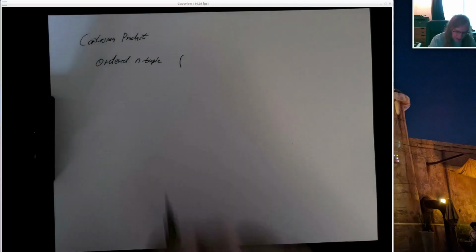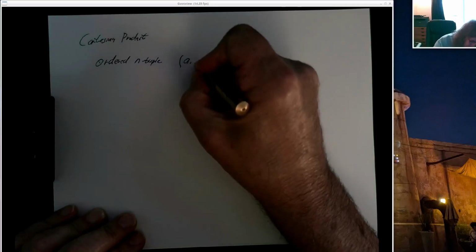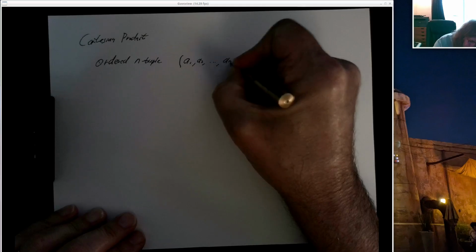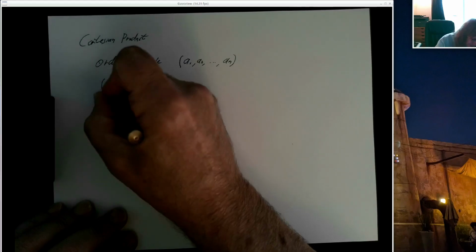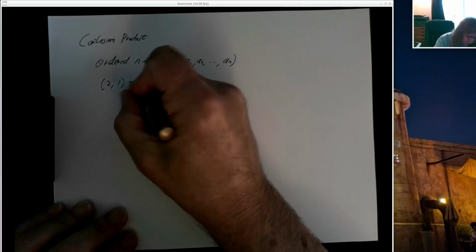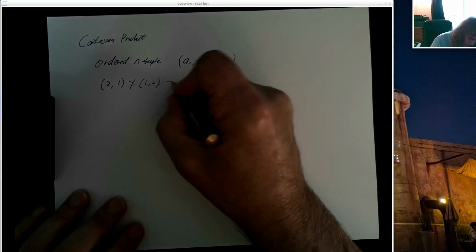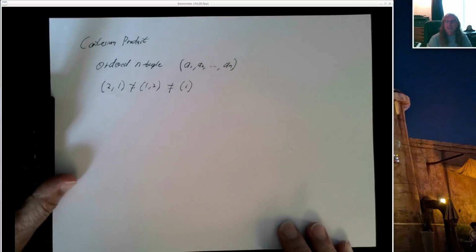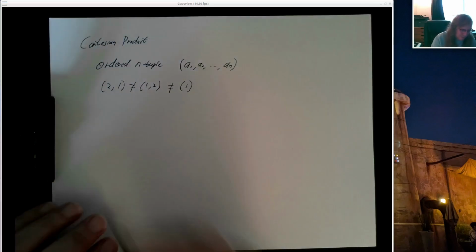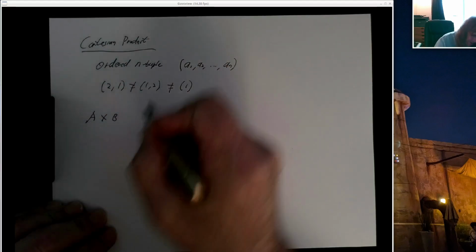And so we write an n-tuple in parentheses instead of curly brackets, and we might list the elements as, say, A1, A2, up to AN. And again, the order matters. So if I write the tuple 2, 1, this is a 2 tuple. This is not the same as the tuple 1, 2. And it's also not the same as, you know, a 1 tuple containing just a single element. So this is just an ordered collection of elements, and we call them tuples. So here's what a Cartesian product is, and we write it as A cross B.